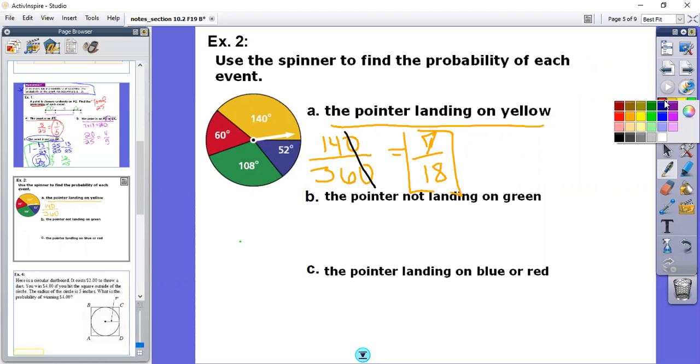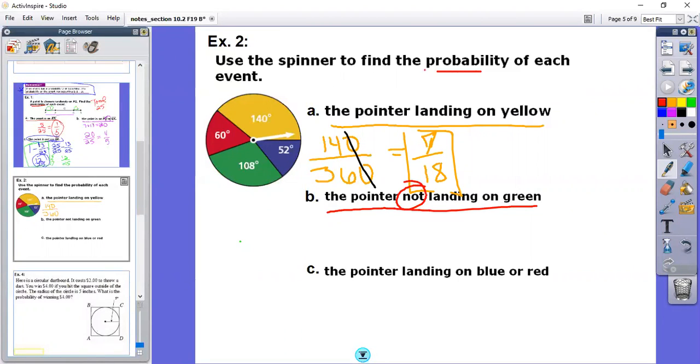In part B, they want to know what's the probability that the pointer is not going to land on green. So one way that we can answer that is we could add up all the other color angles and then divide it by the total. Or another way is that we could just take 1 and subtract the probability of it landing on green. So I'm going to do it that way.